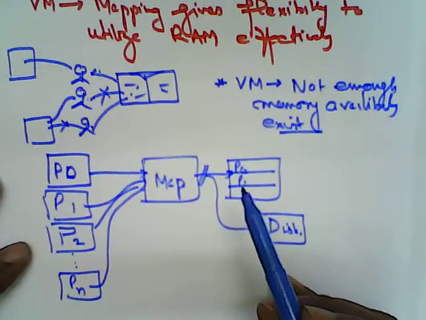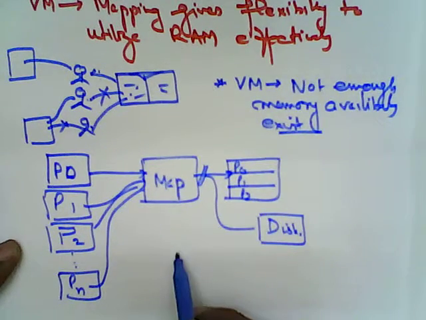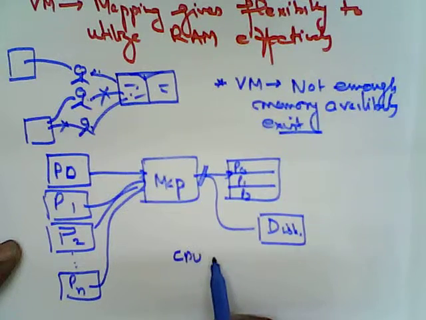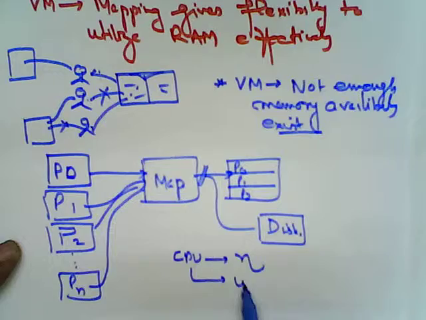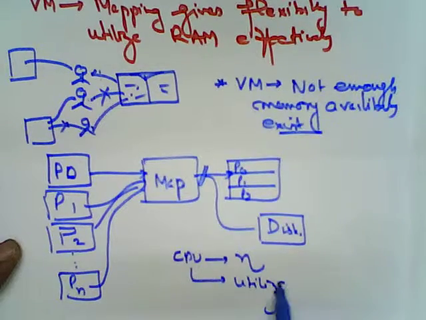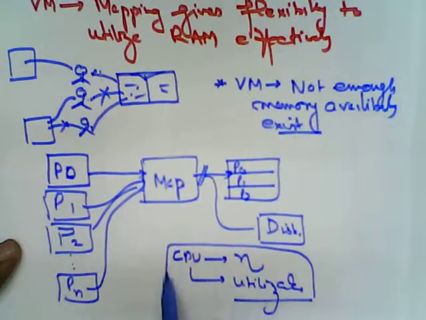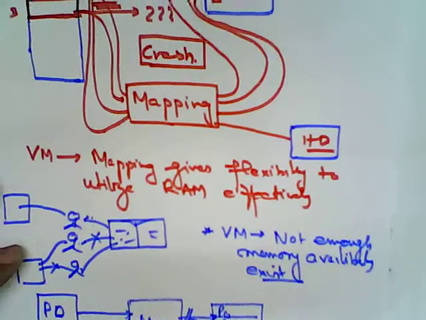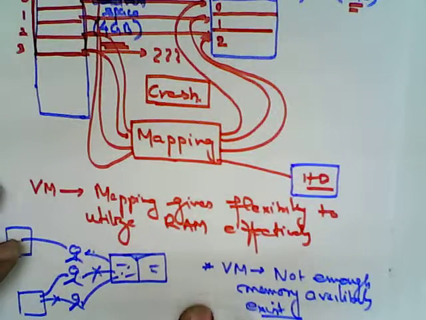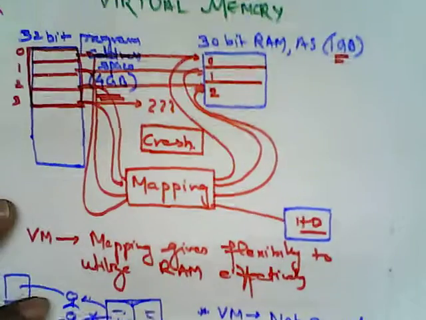CPU utilization will also improve because the system will not have any crash. Hence virtual memory is often used in operating systems, and that's why the system performance improves. Thank you.